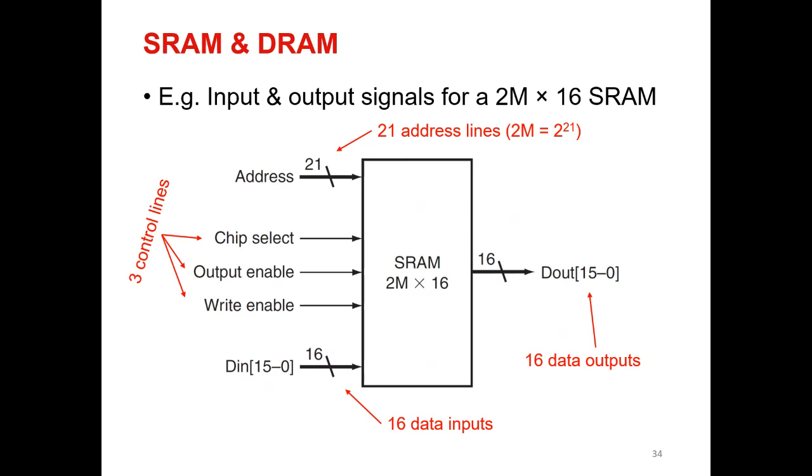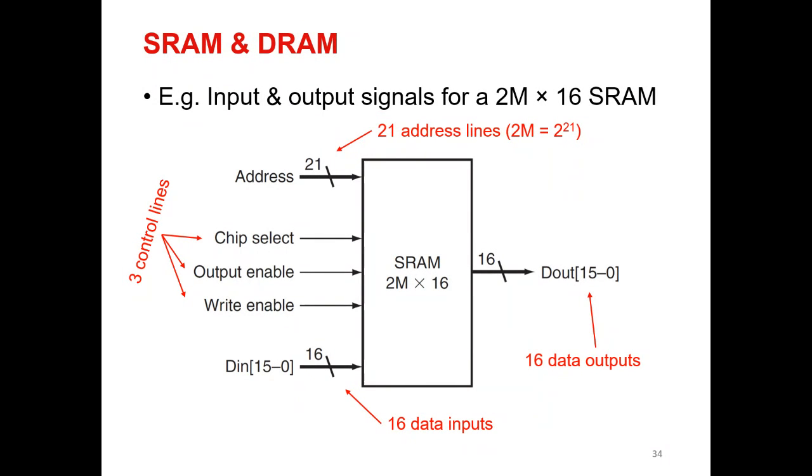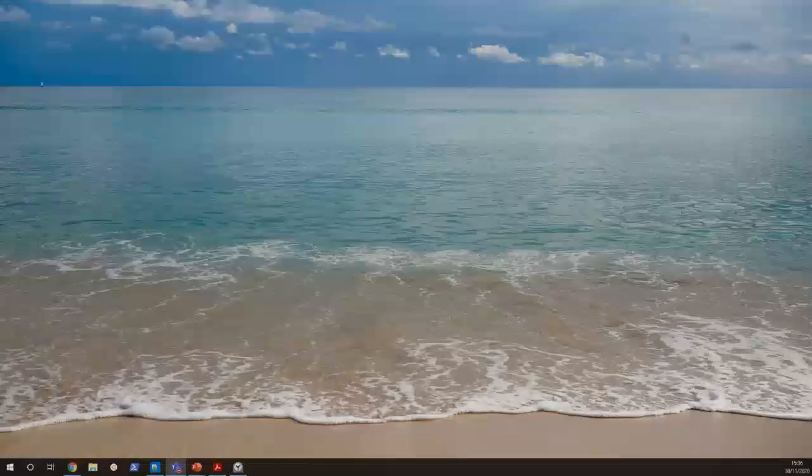Okay. Let me check if we have any questions. Someone is asking, what does asserted mean? Asserted means that the clock changed from 0 to 1. That means that the clock signal is asserted.